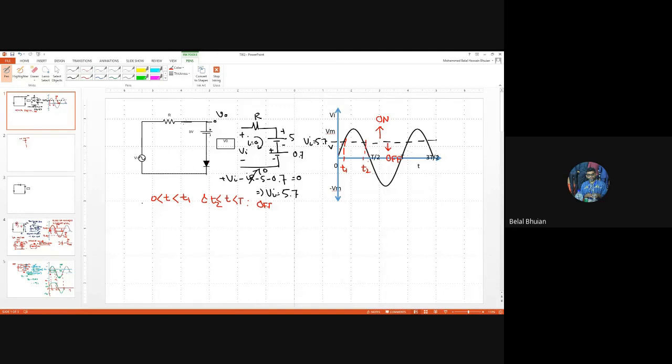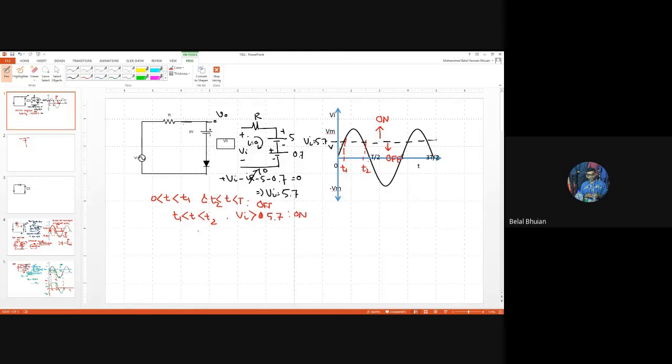On the other hand, between T1 and T2, Vi is greater than 5.7, the diode is on.